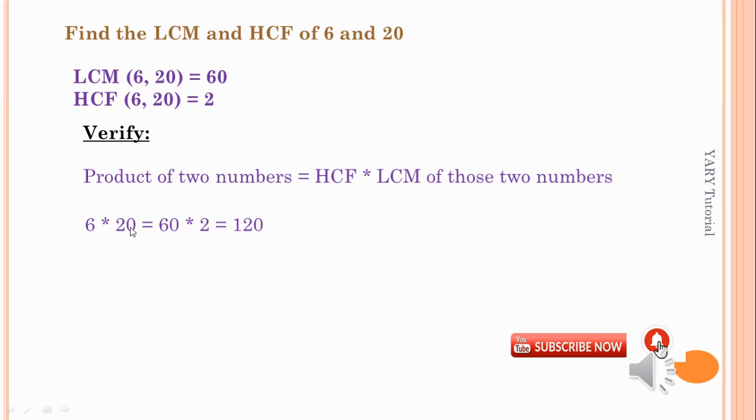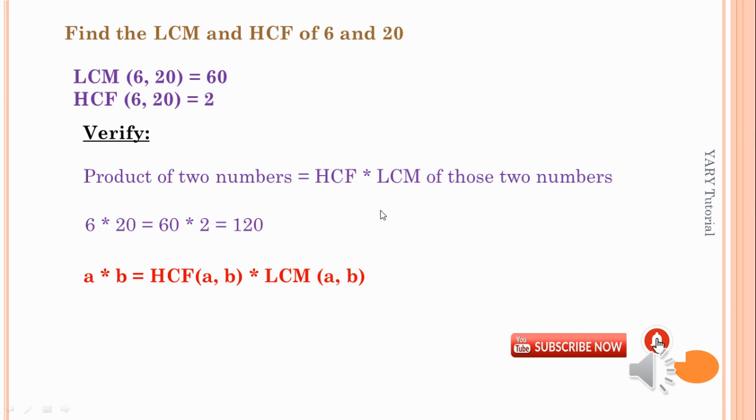When we multiply 6 into 20, we get 120. Similarly, 60 into 2, we will be getting 120. So 120 is equal to 120. Hence, our solution is verified. This is how we verify the LCM and HCF of two numbers.